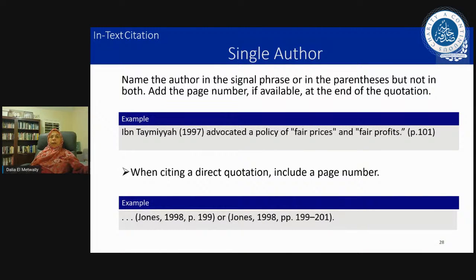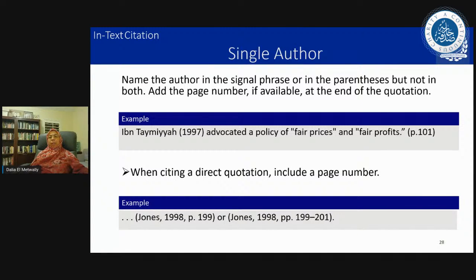How do I do a single author? If I mention the single author in a signal phrase, that means in the actual part of my sentence, Ibn Taymiyyah in 1997 advocated a policy of fair prices and fair profits, that's how it's going to look, right? So I'm just going to mention it here. I'm not going to put it in the parentheses with the page number because the name has already been mentioned in the signal phrase.